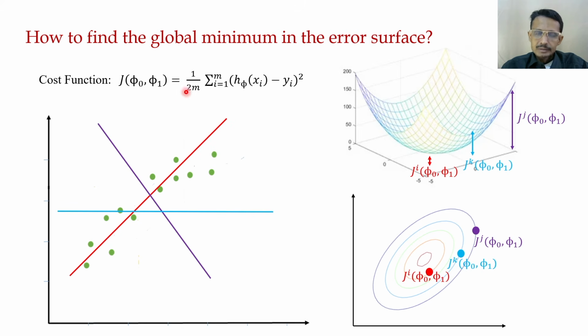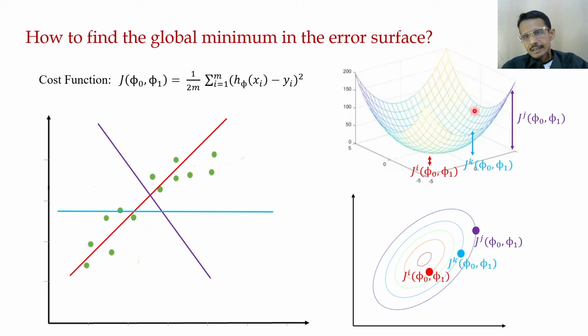If we plot this cost function, we get a convex paraboloid. Now the idea is that we have to find the local minimum, or you can say the global minimum, of this surface.